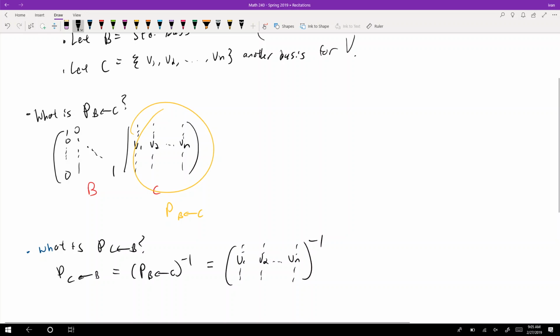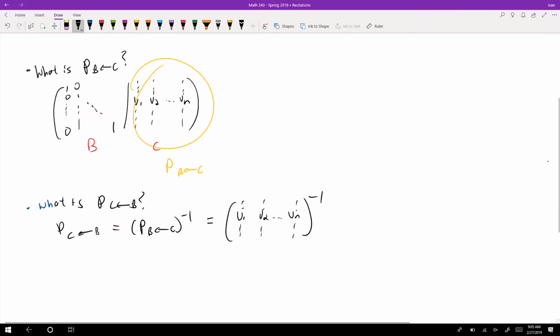If no questions, let's jump right into the main material of the day: eigenvalues and eigenvectors. So what are eigenvalues and eigenvectors? They're the following.